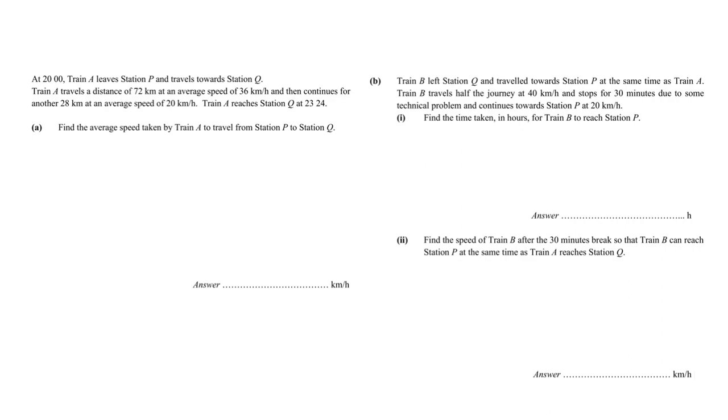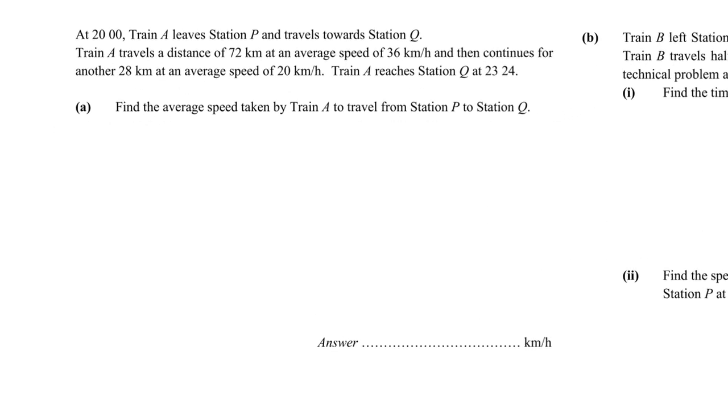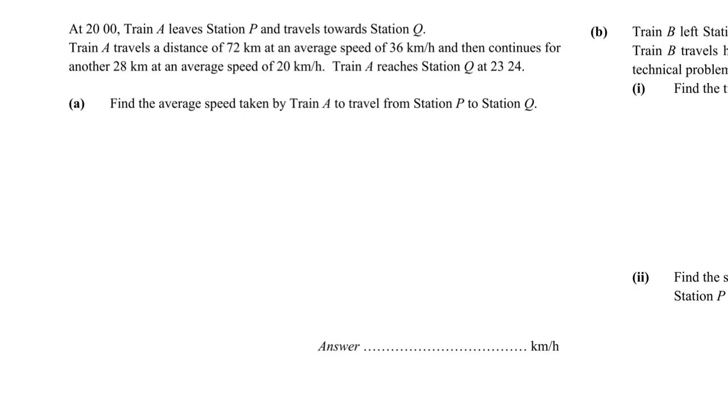Hello everyone, welcome to this speed question where there are 2 parts. So let me zoom in on part A. Train A leaves station P and moves towards station Q. It travels 72 km at this speed, 28 km at this speed for 2 parts of the journey.